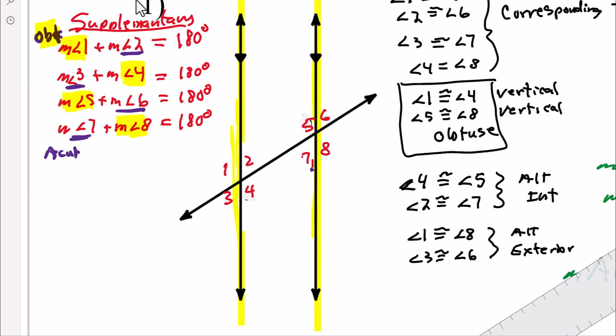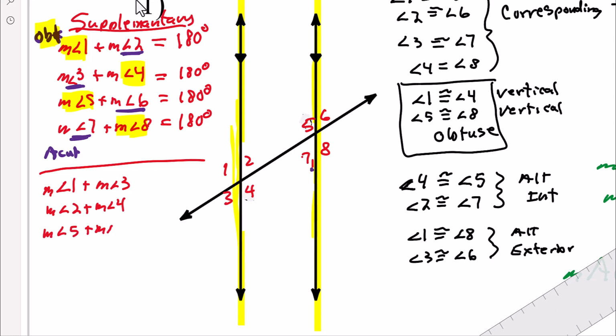So we said that 1, 3, 2, 4, 5, 7, 6, 8. So the measure of angle 1 plus the measure of angle 3, the measure of angle 2 plus the measure of angle 4, the measure of angle 5 plus the measure of angle 7, the measure of angle 6 plus the measure of angle 8. Each of these also are supplementary. They add up to 180.